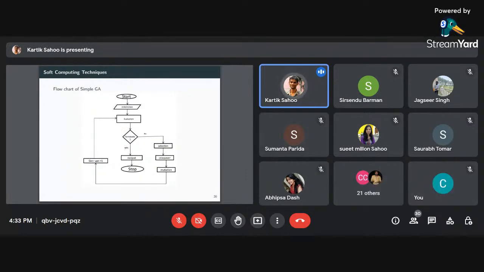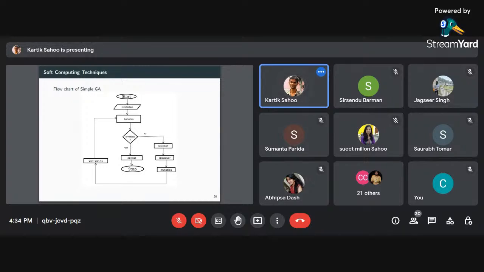This is what the process looks like. The total process of a simple genetic algorithm: we first initialize our population, or the sample solution set, then we evaluate our objective function. Optimization techniques here means mathematical techniques which solve optimization problems. So the genetic algorithm first initializes all types of solutions, then evaluates the objective function, then checks the termination criteria.